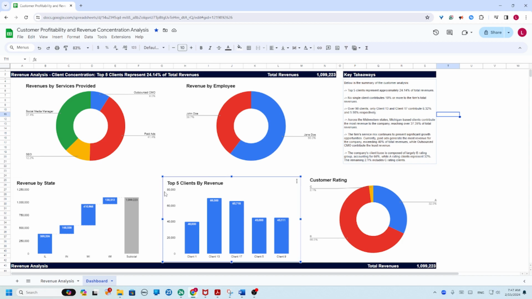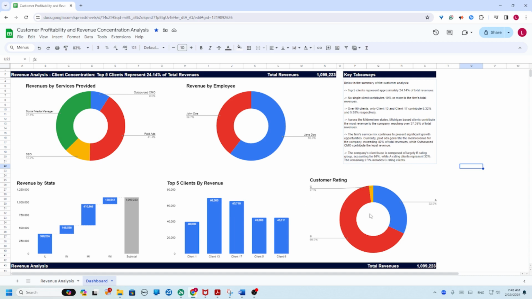Should we expand our effort into the states where we have less revenue, or should we spend more resources in Michigan and Illinois where we are already doing very well, right? And then our top 5 clients, right? You can also put there your least or your bottom 5 clients, right?